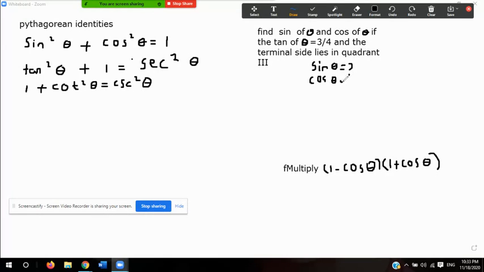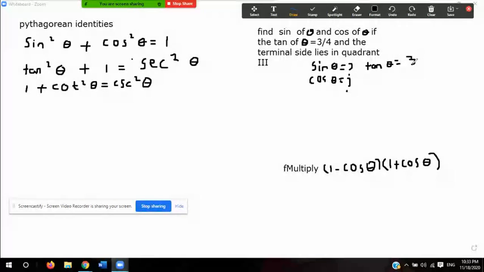And the tangent of theta is 3/4. So notice we only have a tangent value.